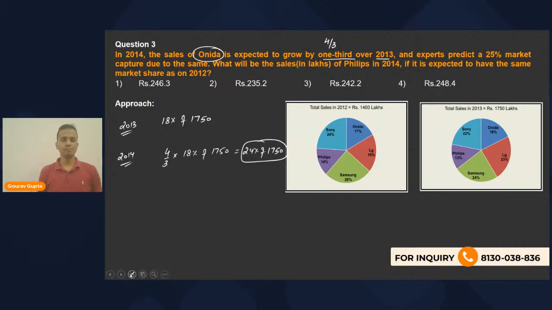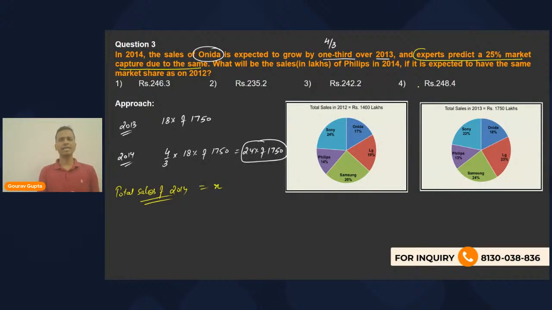Right? Now moving further, it says, and the experts predict a 25% market capture due to the same. So basically this value is 25% of the total sales of 2014. Let's say total sales of 2014 is X. Fine.